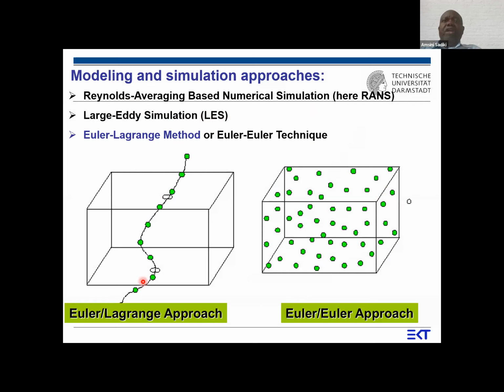If we use the Eulerian-Lagrangian approach, this means that we track the particle through the control volume which is flowing by the fluid phase, and here we consider both phases as continuum, and we have the Eulerian.